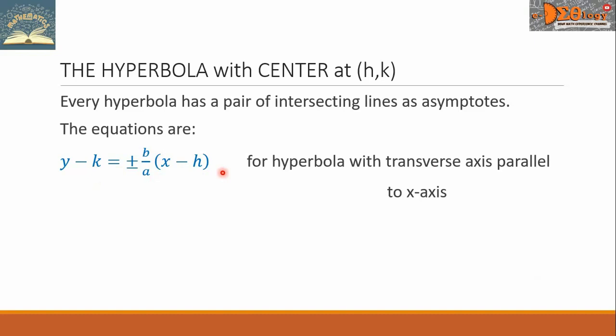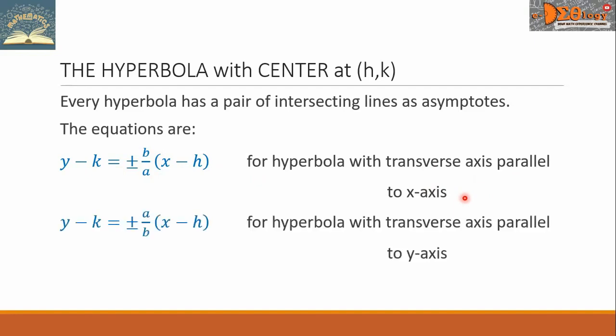This equation is for hyperbola with transverse axis parallel to the x-axis, while the equation y − k = ± (a/b)(x − h) is for hyperbola with transverse axis parallel to the y-axis.